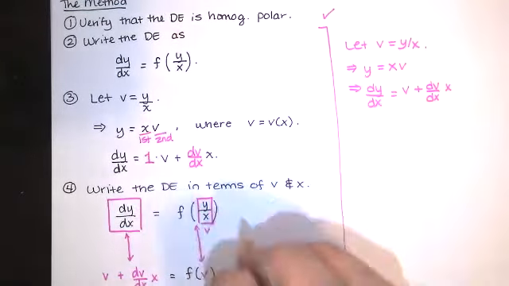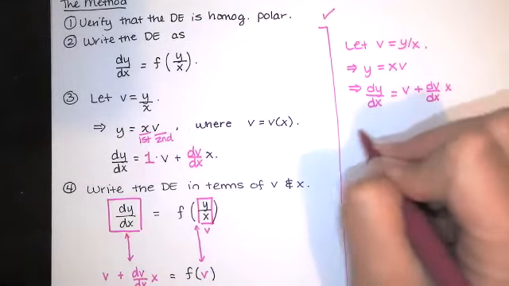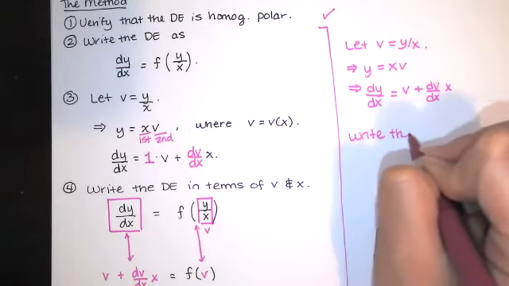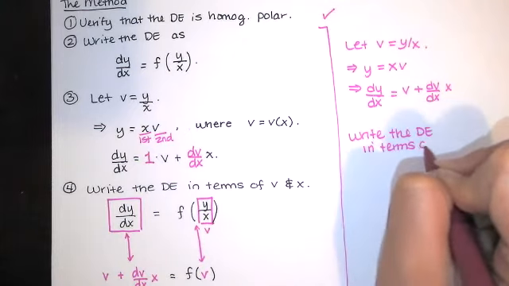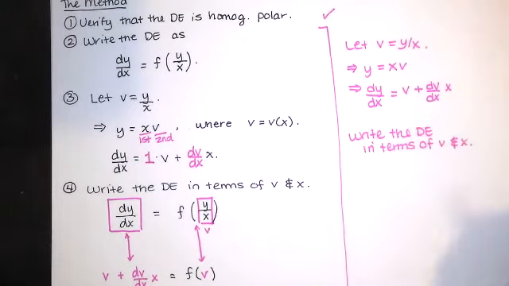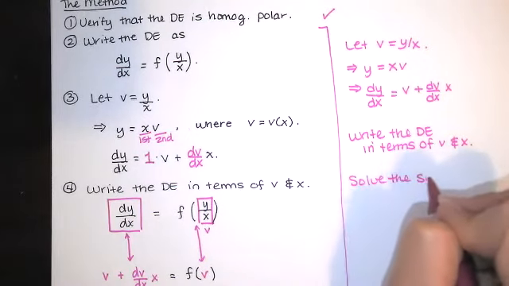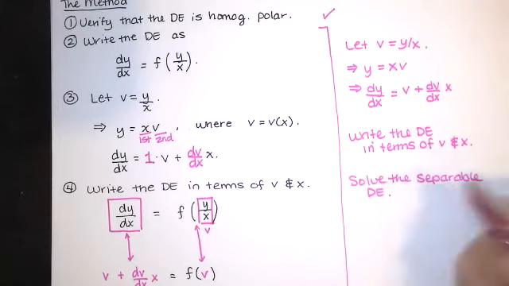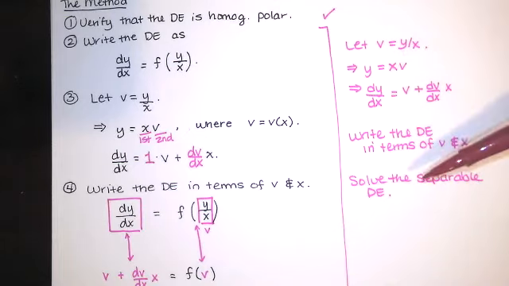So we verify that the differential equation is homogeneous polar. We make this substitution. So you write the DE in terms of v and x, and then it's separable. And you solve the separable equation. So the whole point of the method is to take your homogeneous polar equation, make a substitution so that it's separable.